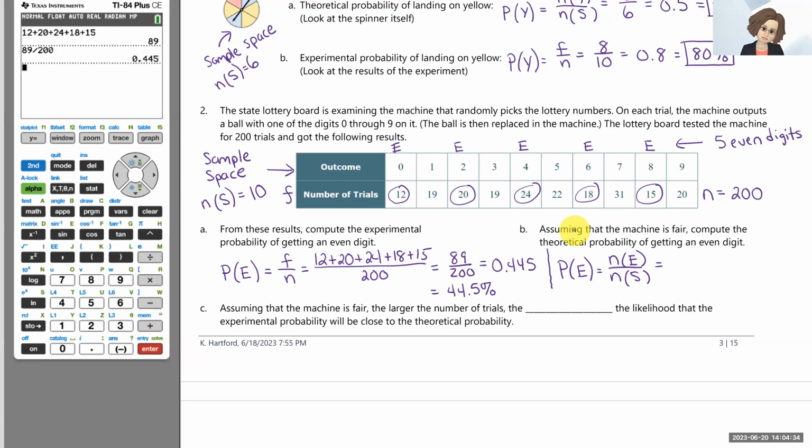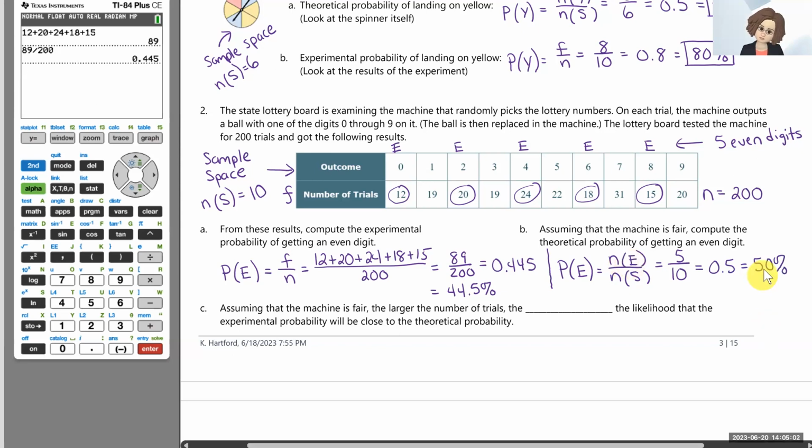I think of these like ping pong balls in a lottery machine that's spitting out ping pong balls. There are 10 ping pong balls, and 5 of them have even digits on them. So in theory, I would expect 5 out of 10 times for that machine to give an even digit. So that's going to be 0.5 or 50% of the time. So if the machine is fair, that's what in theory should hold.